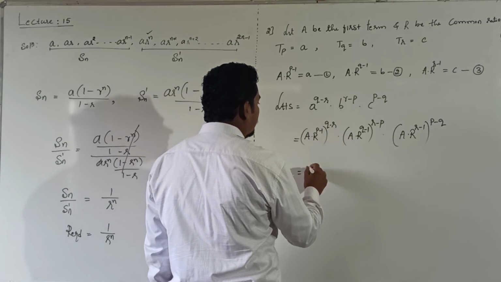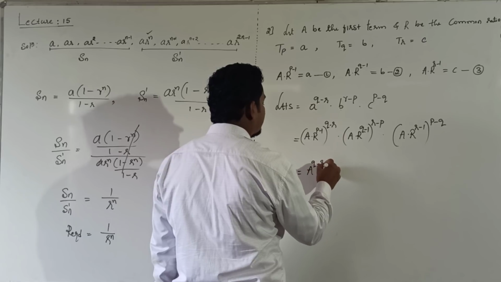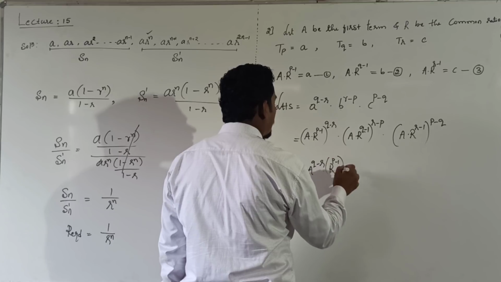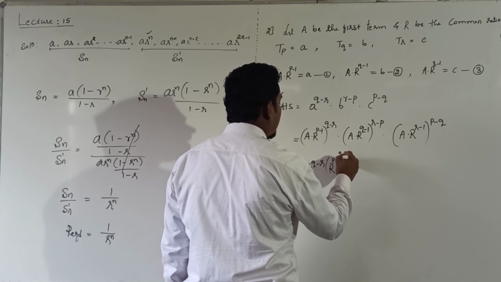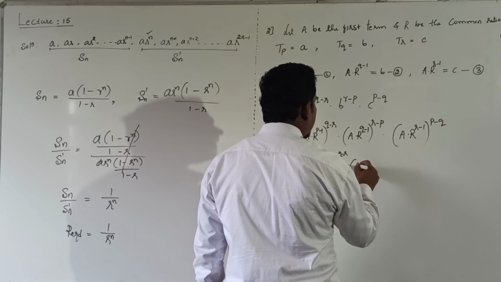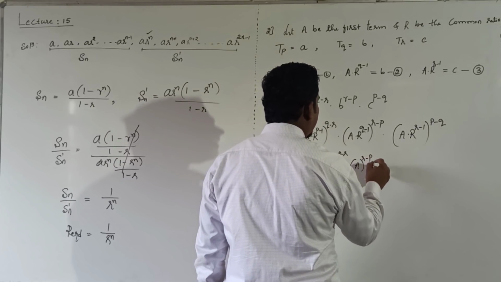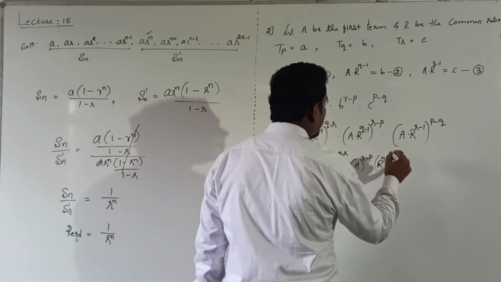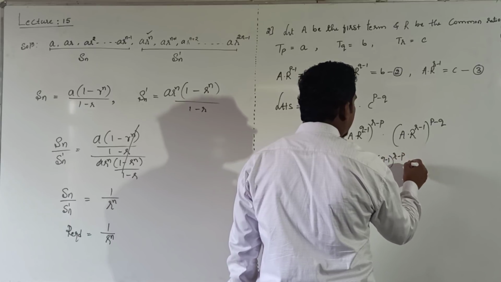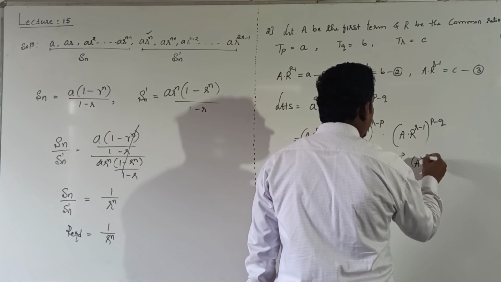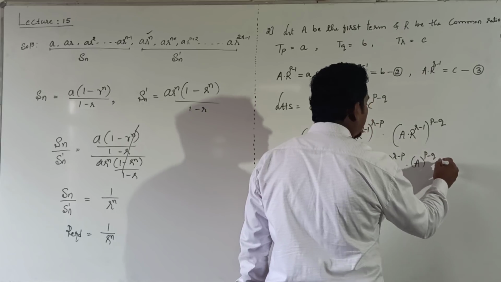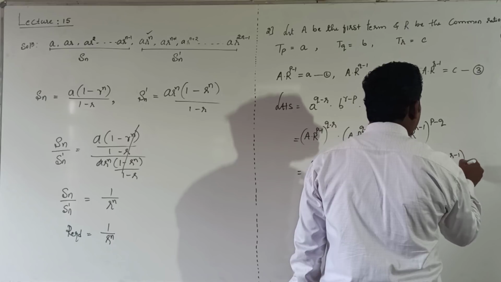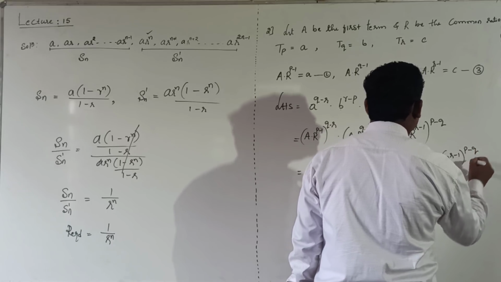After that I will write A power q minus r into R power p minus 1, whole thing power q minus r, into A power r minus p into capital R power q minus 1 to the power r minus p, into capital A power p minus q into R power r minus 1 to the power p minus q.